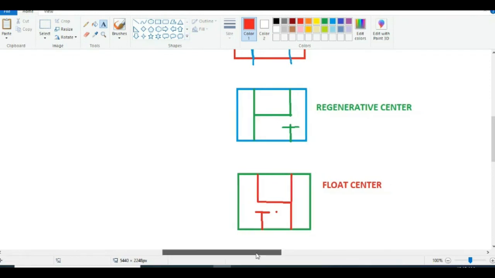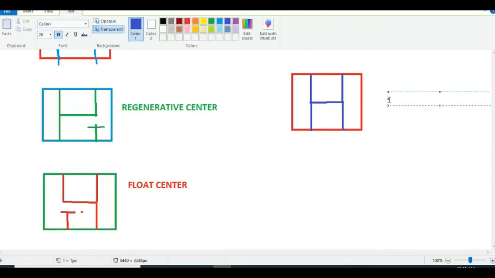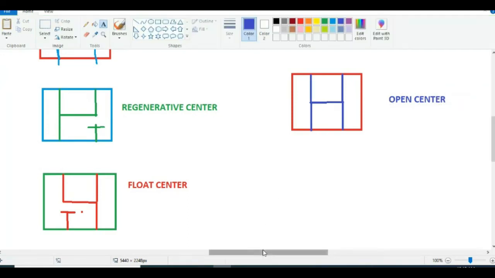Again, if the center position is like this, this type of direction control valve is called the open center.